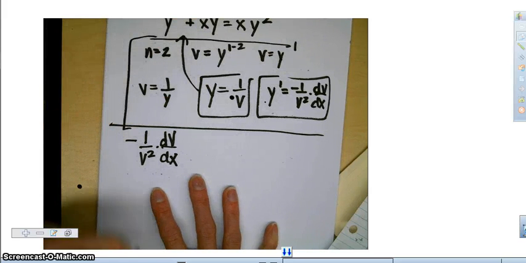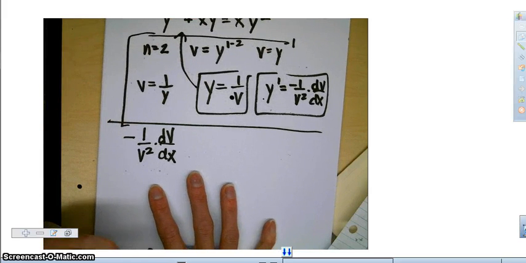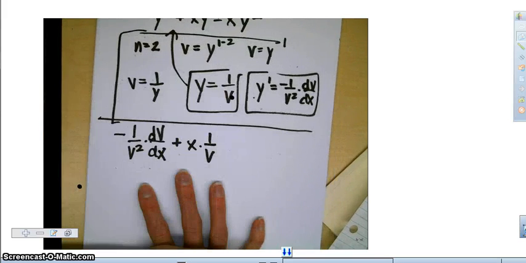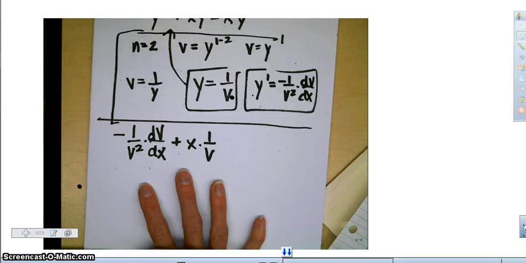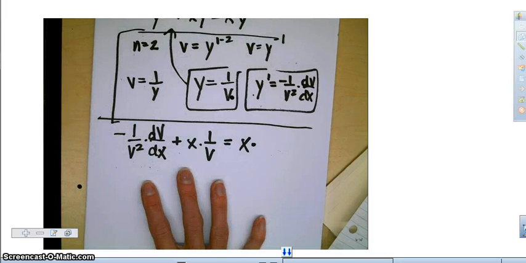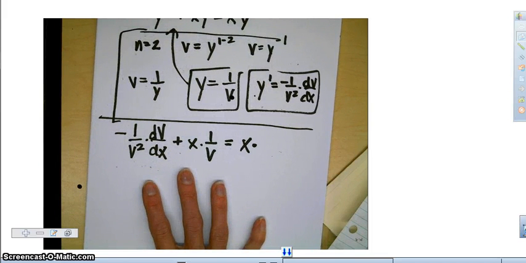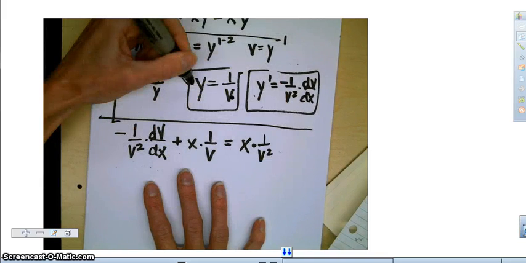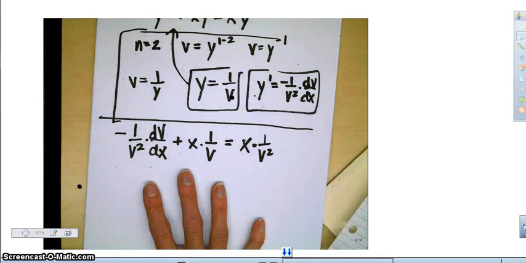There's my original differential equation, plus x times 1 over v equals x times, what's going to go in for y squared? 1 over v squared, because y is 1 over v, squared, 1 over v squared.